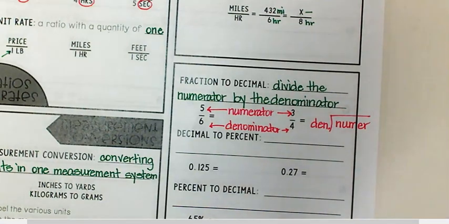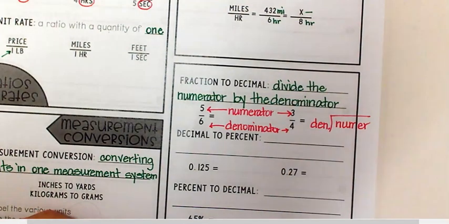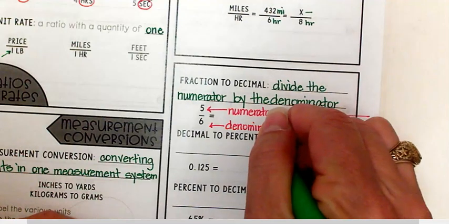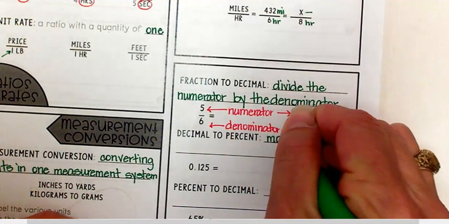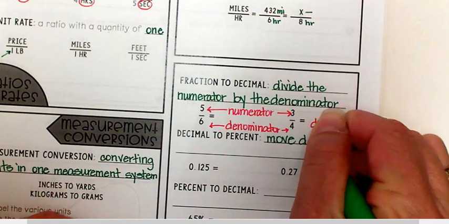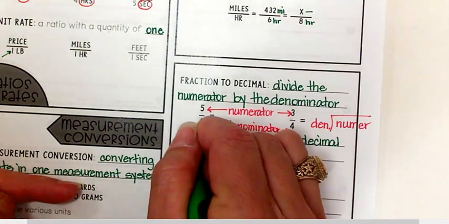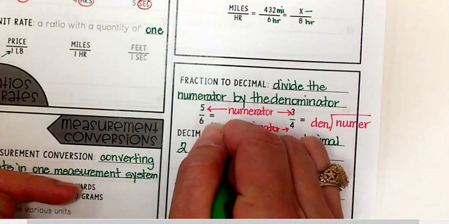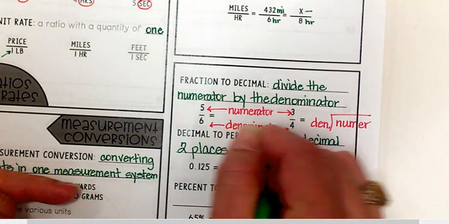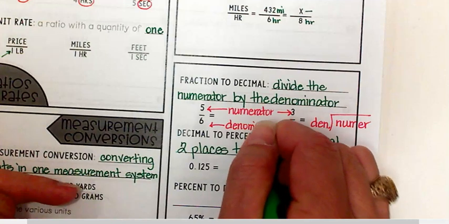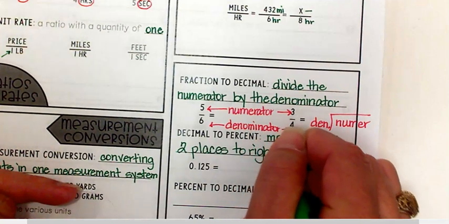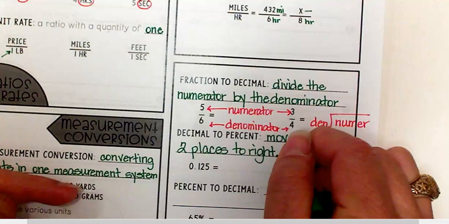Decimal to a percent, you're going to move the decimal 2 places to the right and then add a percent sign.